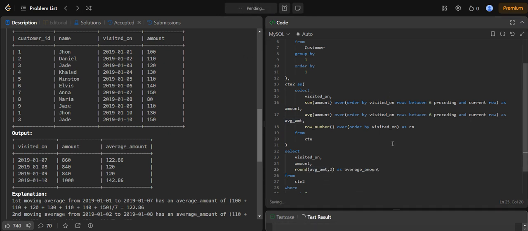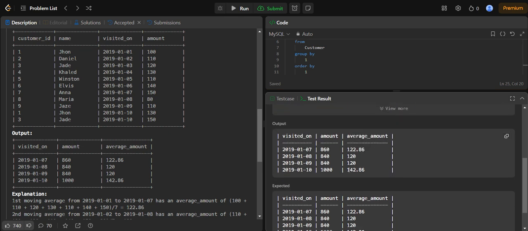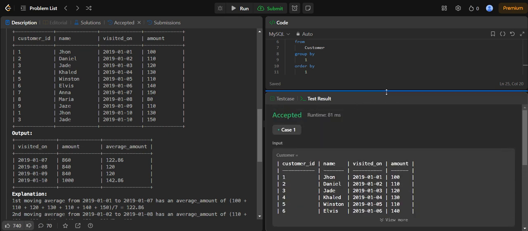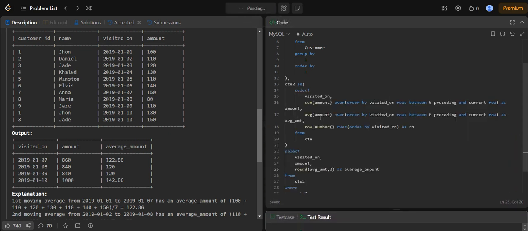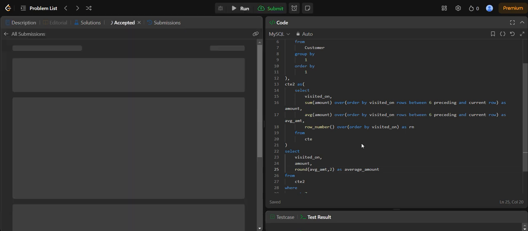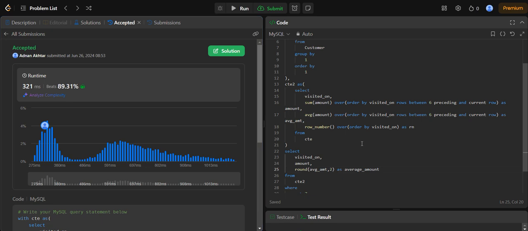Now this will give me the correct result. The result is correct, and I hope it gets submitted. So it got accepted and beats 89.31%.